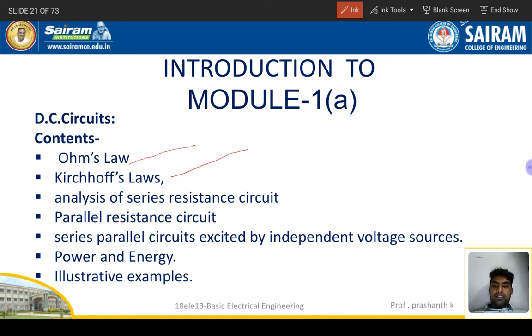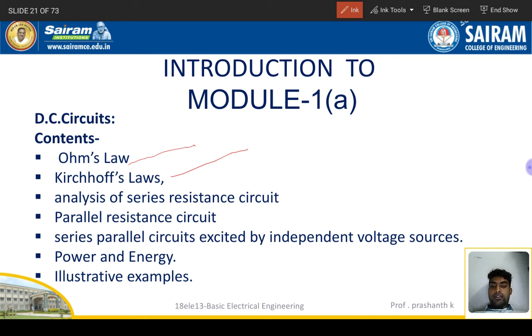It shows how much drop will be there across particular electrical appliances or electrical components, that we are going to discuss. Analysis of series and parallel circuits. If a number of resistors are connected in series, what could be the equivalent resistance? R1 plus R2 plus R3. Parallel resistance circuit: if a number of resistors are connected in parallel, what could be the equivalent resistance?